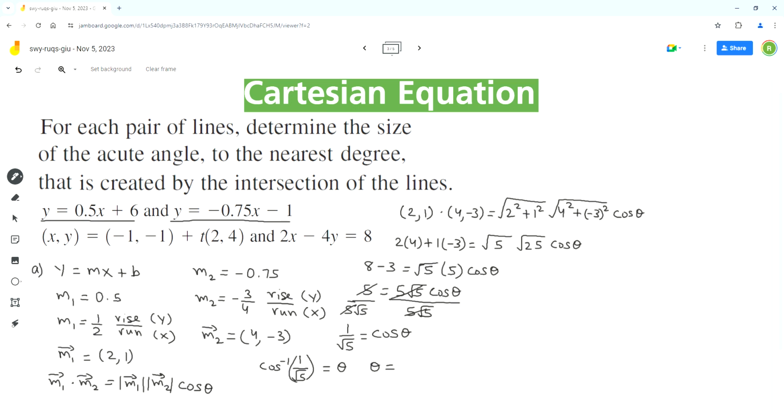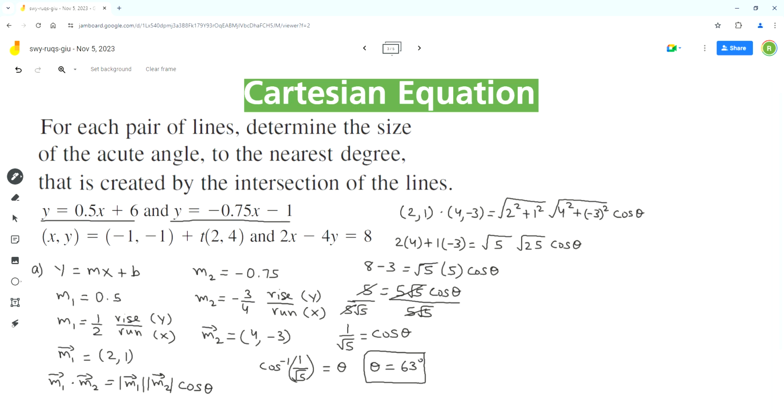So I get 63 degrees. We have to round the answer to the nearest degree. So this is the angle between the direction vectors and the angle between the lines. So this should be the final answer for the first pair of lines, because this is an acute angle.